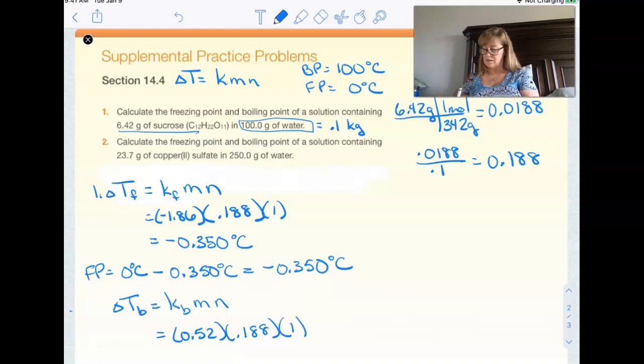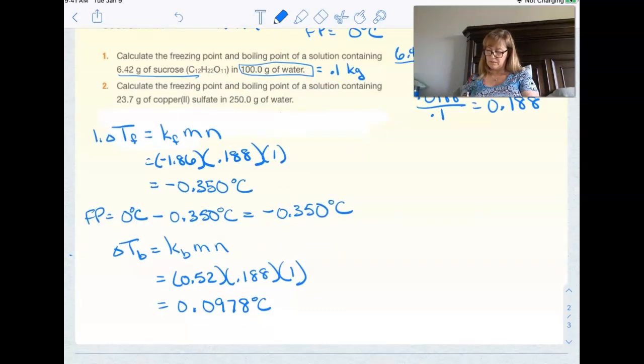So that's just a 1. So now when you calculate your change in boiling point, you get 0.52 times 0.188 equals 0.0978 degrees Celsius. So now for your new boiling point, you will take the original boiling point of your solvent and add your change.